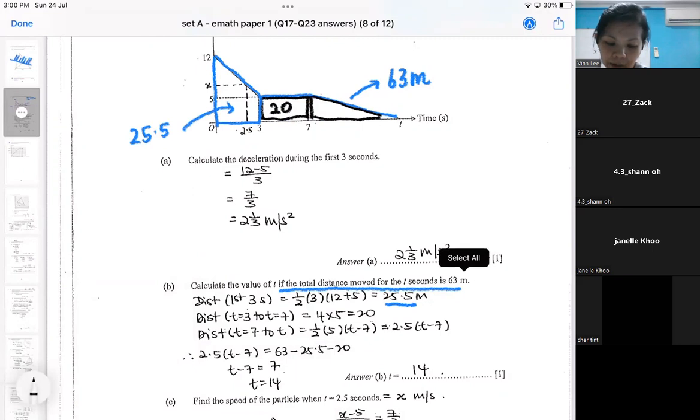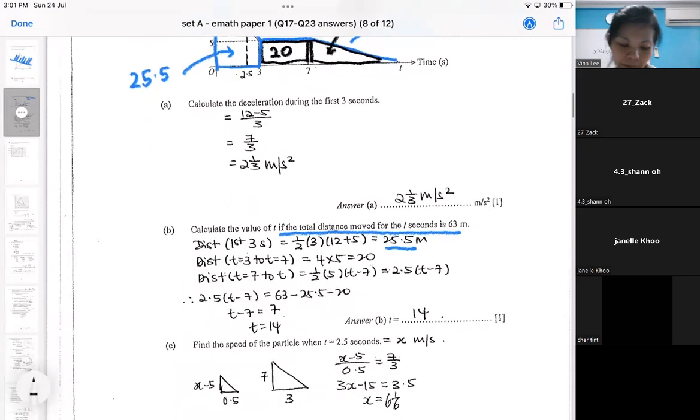And then the last part is 17.5. Okay, so if you want to, you can do out the 17.5 and then use area of triangle as well. It will work.